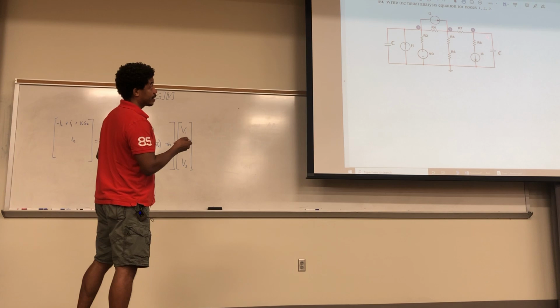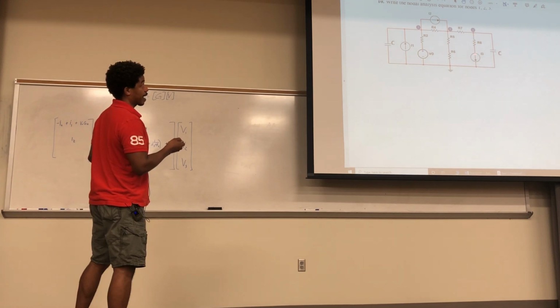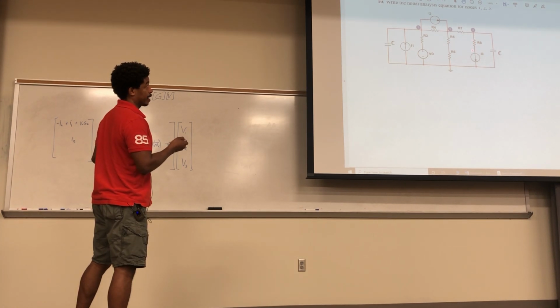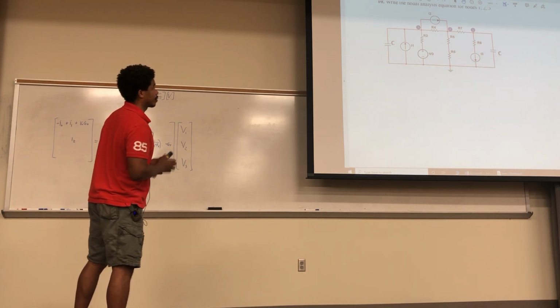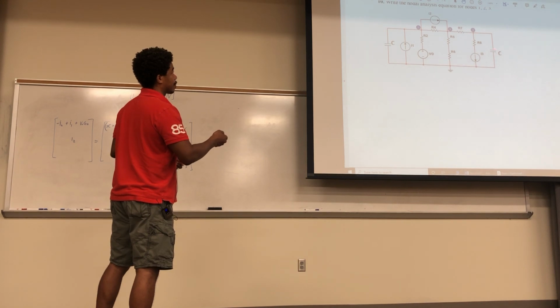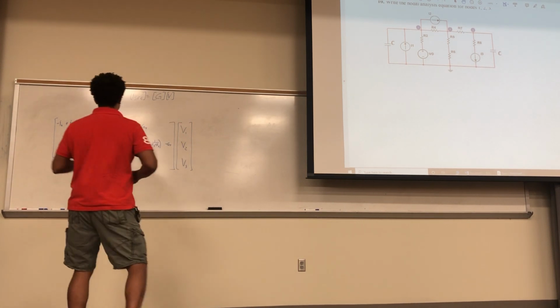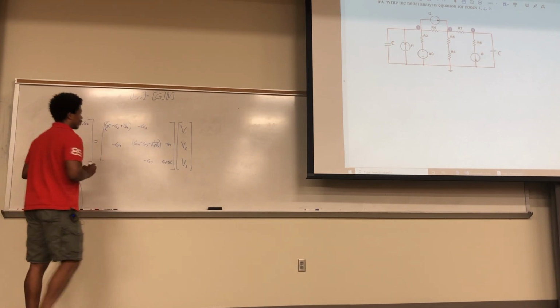So this resistor, regardless of what it is, is not going to affect the amount of current passing through it. The amount of current will change the voltage drop across there, but it's not going to change the value of that current, is what I'm trying to say. So you have R7 and this capacitor right there, and that's it. So here you have your G7, and you have your capacitor, okay?